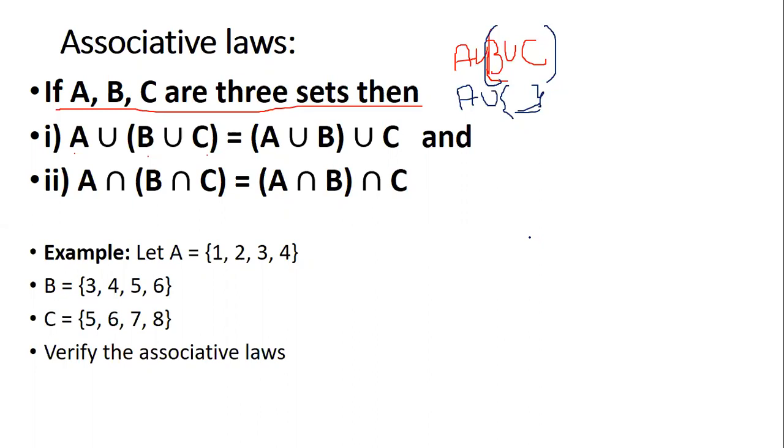I'll repeat it again. Listen carefully. Since we have 3 sets A, B, C, in many situations we will not be able to take the union of the 3 sets simultaneously. So we first calculate B union C, which means we get one set here with some elements.